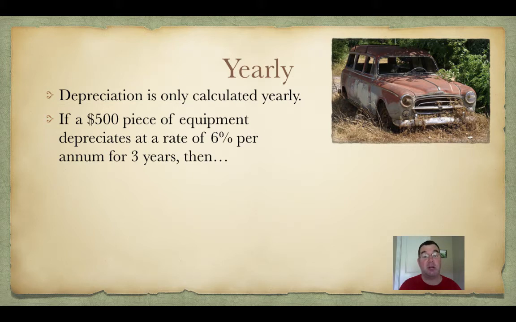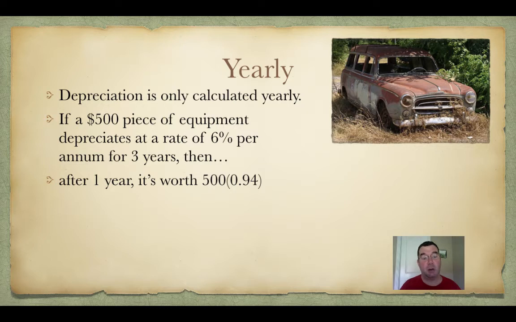So let's talk about a specific case first. I have a $500 piece of equipment that depreciates at a rate of 6% per year for 3 years. Well, if I want to know how much it will be worth after 1 year, I will take the $500 and multiply it by 94%. And the reason it's 94% is because I take 100% of its value originally and subtract off the 6% depreciation rate, and that leaves me with 94%.